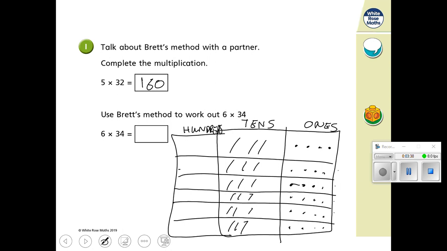Okay, so now we need to think about exchanging. So this becomes a 10, so we'll put a stick there, and then there's 1, 2, so this becomes another 10, so that would make another stick there, and then we've got 1, 2, 3, 4 remaining in the ones column.